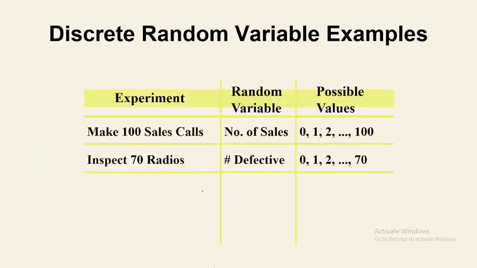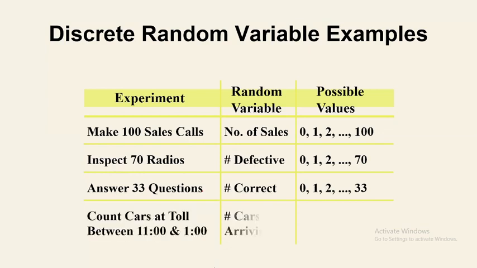So these are some examples of discrete random variables. The first one is an experiment: a salesman making 100 sales calls, and for this experiment we define the number of sales. If there are no sales out of 100 calls, it will be 0.